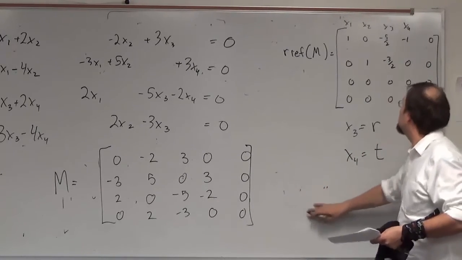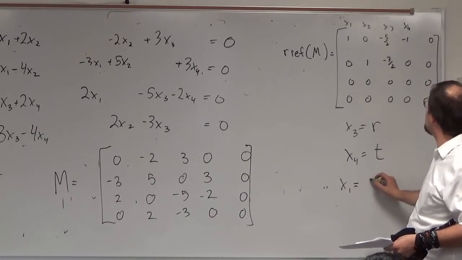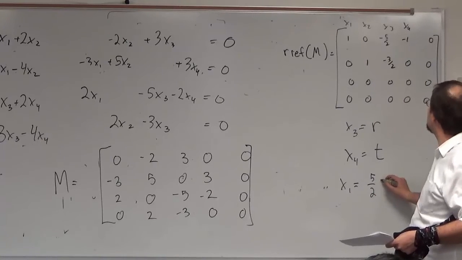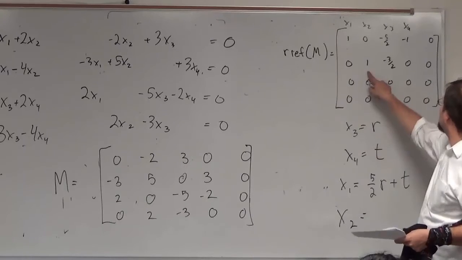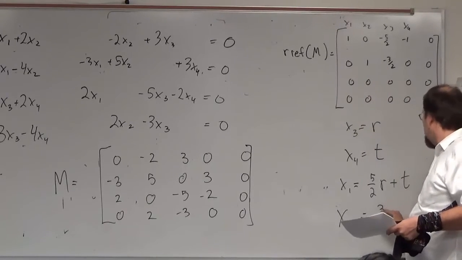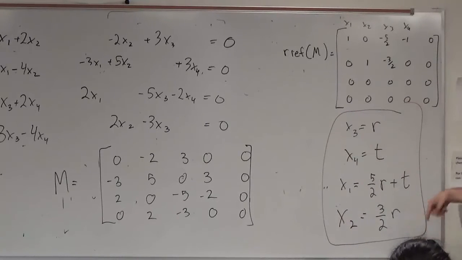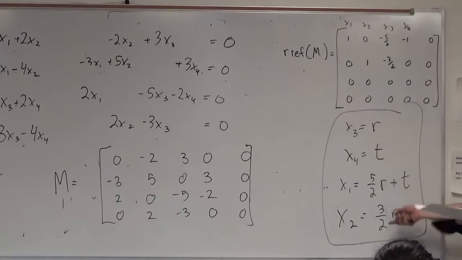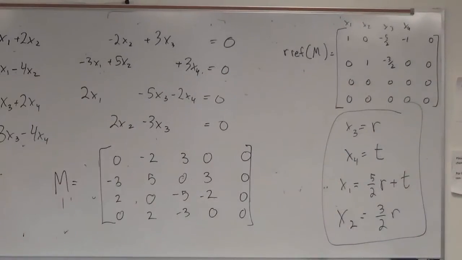And then we can easily solve for x1 and x2 in terms of them. x2 is 3/2 of r. So now you can choose any numbers you want for r and t, and you'll get a matrix that's guaranteed to commute with A. So that should be similar to the homework example. Let's move on, unless you have questions.